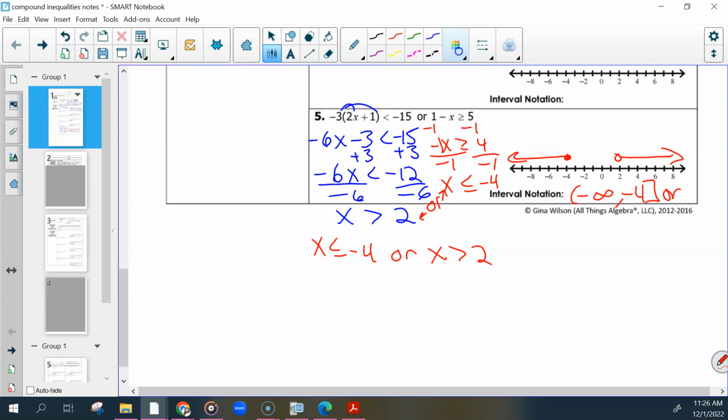Or starts again at 2, would that be parenthesis or bracket? Parenthesis. And then it keeps going to infinity, so that would also be a parenthesis. There is one there, it's just kind of hard to see. Questions on that before I show you the other way we could solve the left half?